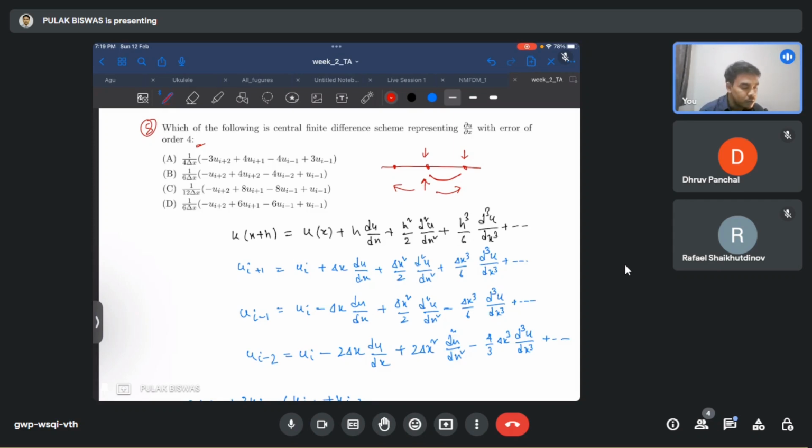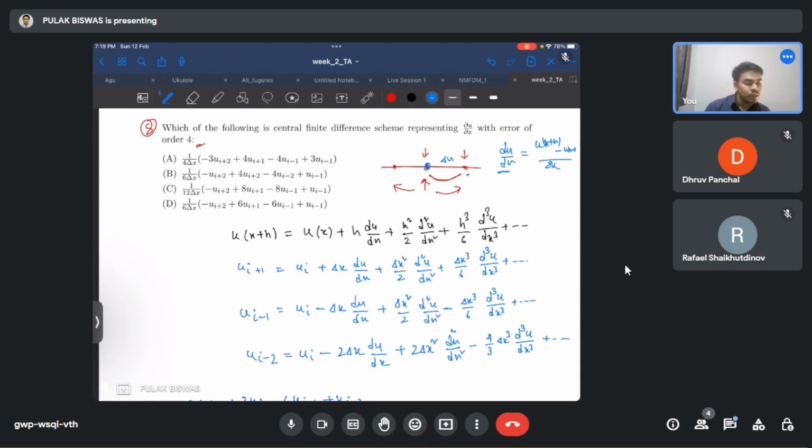Actually, these are approximations. Like you want the value of the derivative. Suppose at this point, what you are doing, you are taking u's value at the next point, x plus h, and at x, and dividing it by the separation, and we are approximating this as the derivative.